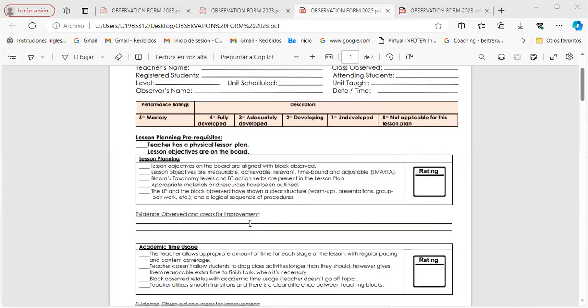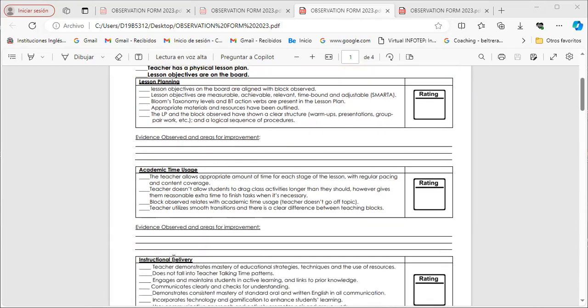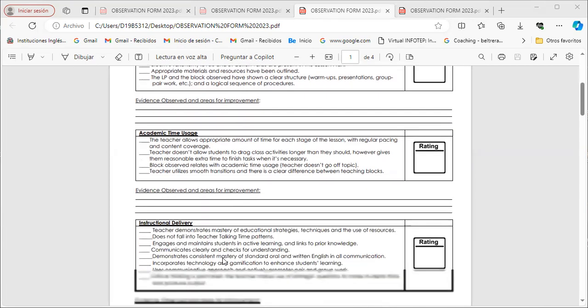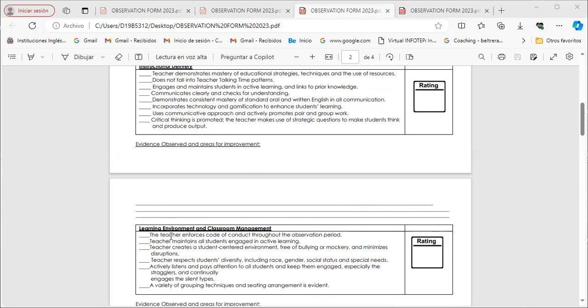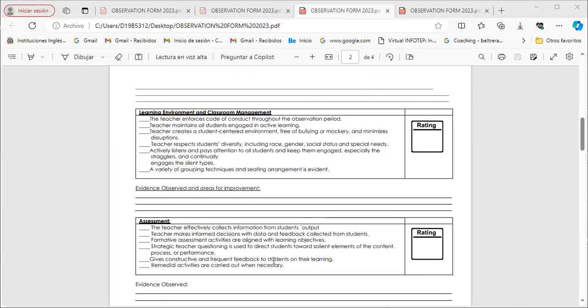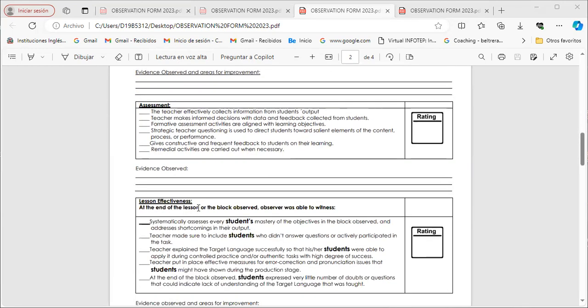the complete rubric has lesson planning. That is one of the criteria to be observed. Academic time usage, instructional delivery, which is very important, learning environment and classroom management, the assessment and lesson effectiveness.